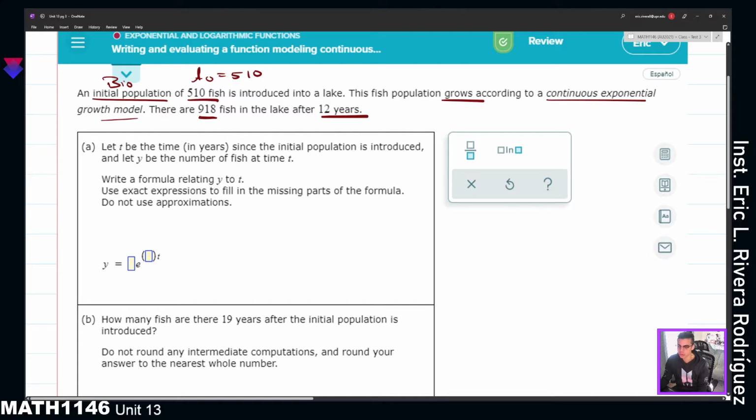Before going through the questions, can you tell me if we are working with a growth or decay problem? Can you tell me if the growth factor is positive or negative from just what we just read?